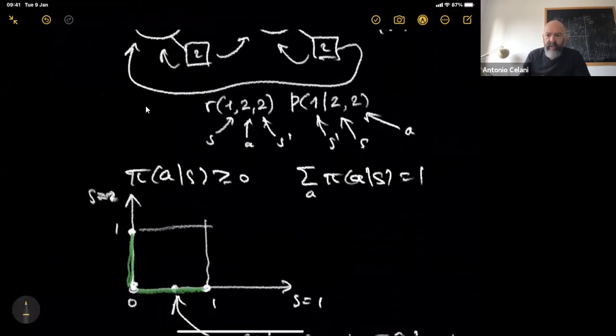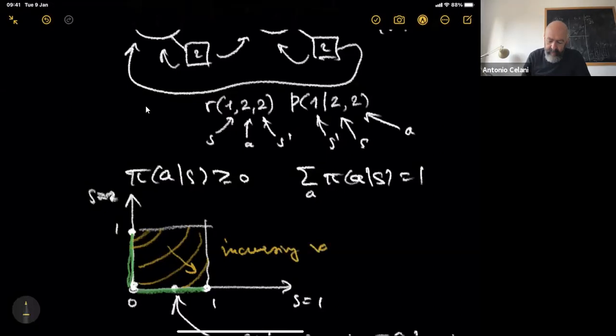So I could write down level lines for this problem, something like this. Here I have larger values of G, so these are increasing. This is a real example.